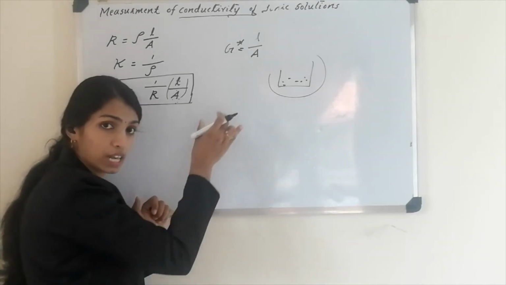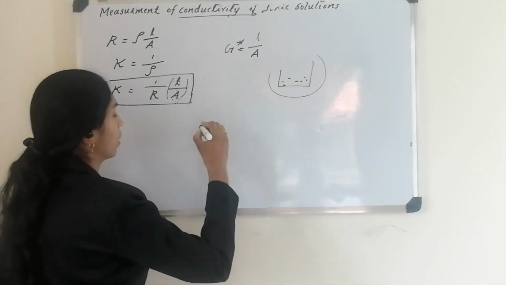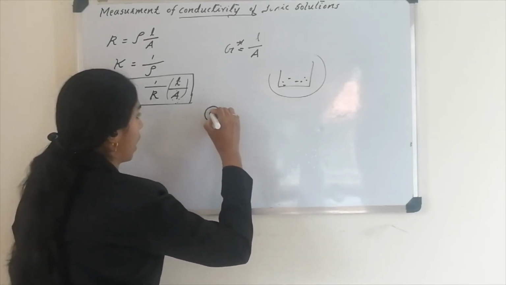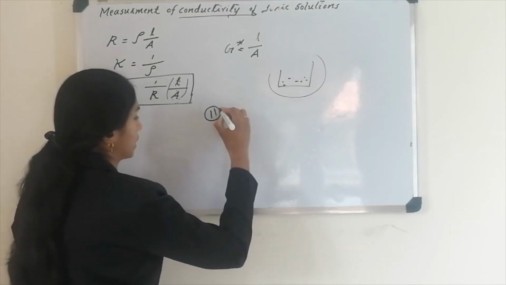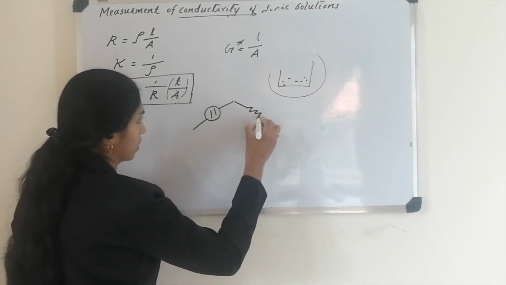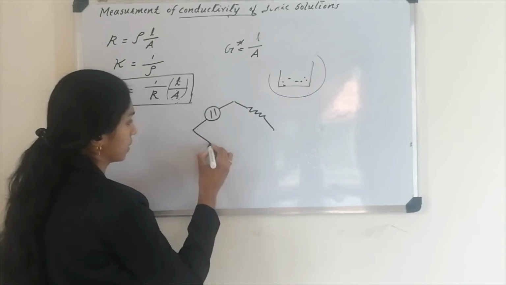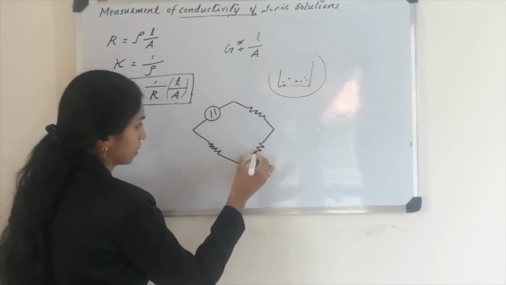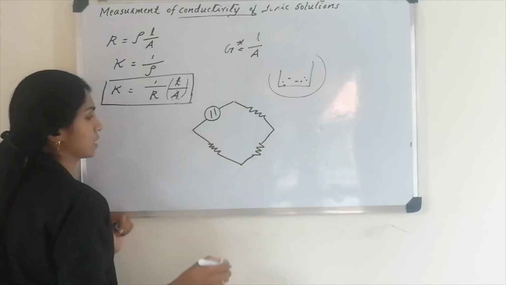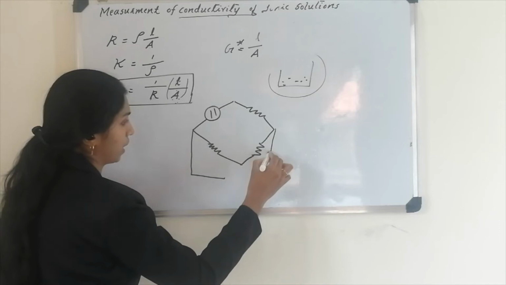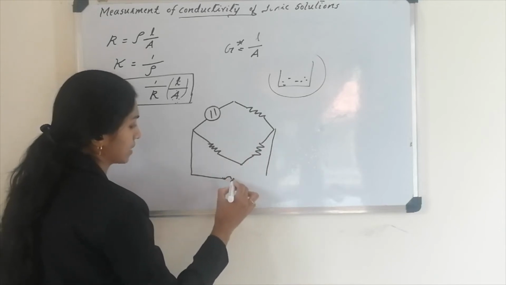That Wheatstone's bridge has 4 arms, and one of the arms, suppose this is one arm, contains the conductivity cell, and this is another variable resistance, this is another resistance, this is the 4th resistance, and this Wheatstone's bridge is fed by an oscillator.